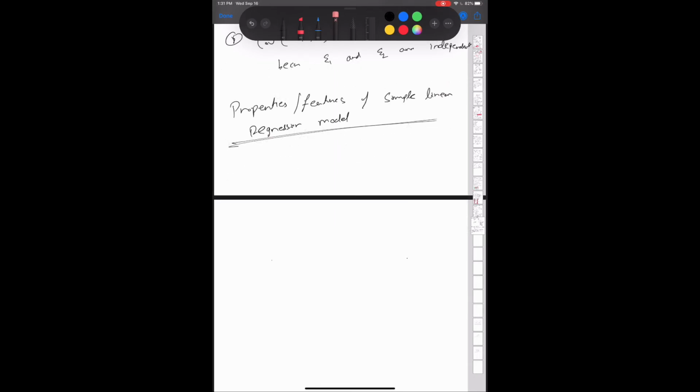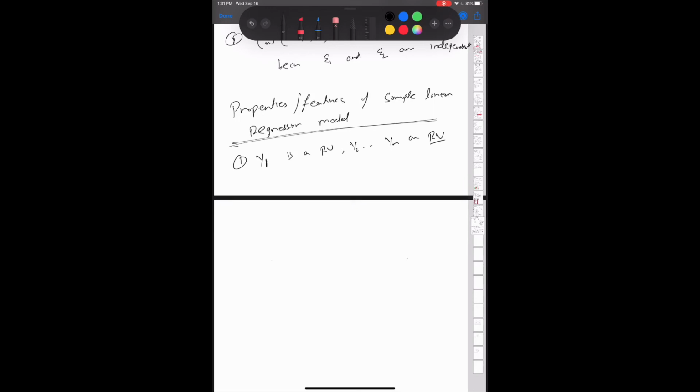The first property is that y1 is a random variable. Why? Because if you went and collected the first value of your response, you'll get it to be different than what your friend got. So y1 is a random variable. Similarly, y2 through yn are random variables.